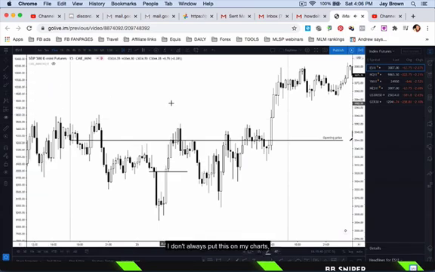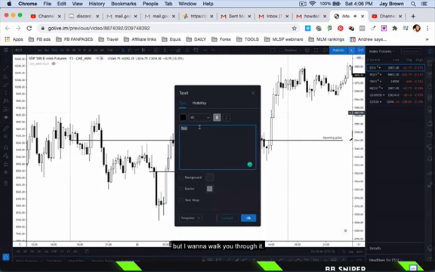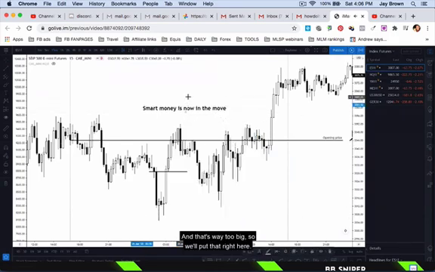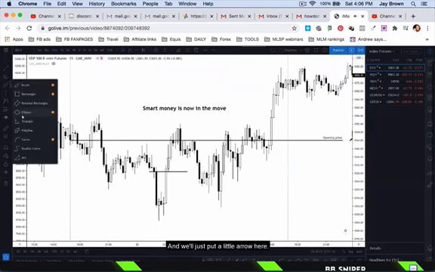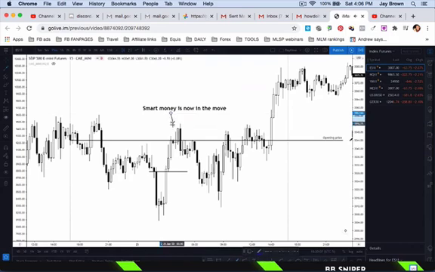I don't always put this on my charts, but I want to walk you through it. I've got to hold your hand. So I'll put this on here: smart money is now in the move, and that's way too big, so we'll put that right here with a little arrow. Okay, smart money is now in the move.